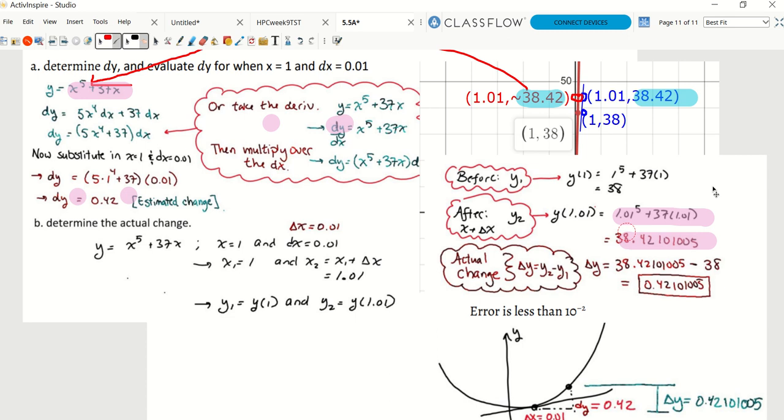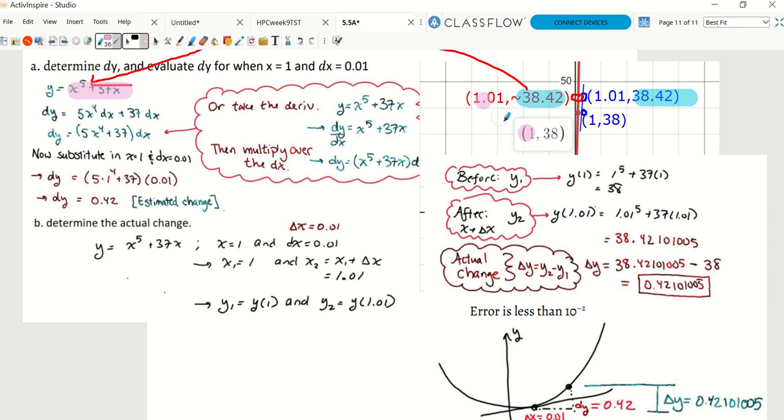Now all they're doing here, this last 1% of the problem, is this. They plugged in 1 into the original equation, and they got 38, obviously, because this point is (1, 38).